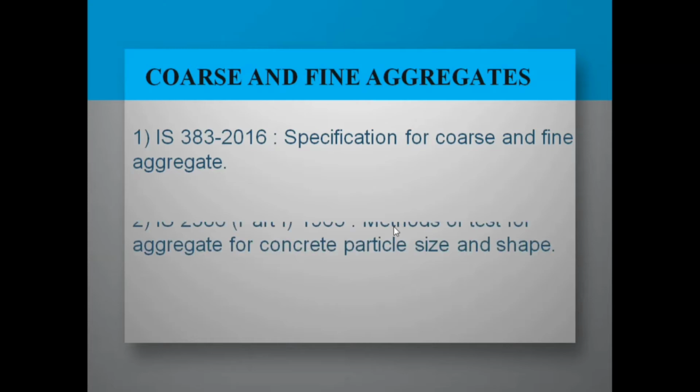The second one is IS 2386 Part 1 1963, Methods of test for aggregates for concrete: particle size and shape. IS 2386 includes some other parts, and those parts also explain tests for aggregates.